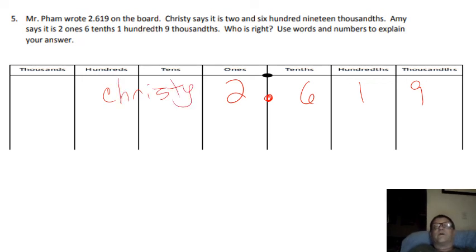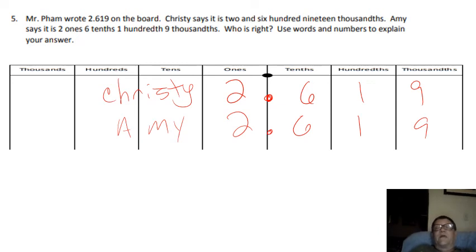Now the next one was Amy. Amy says it has 2 ones, 6 tenths, 1 hundredth, 9 thousandths. Now we want to know who is right, Christy or Amy.